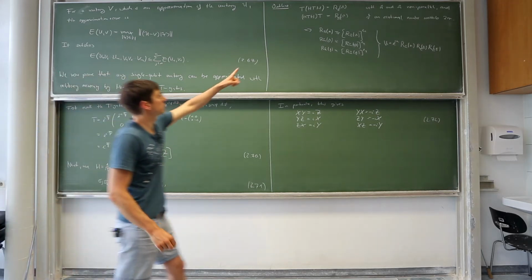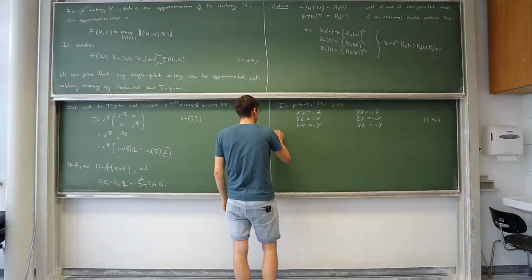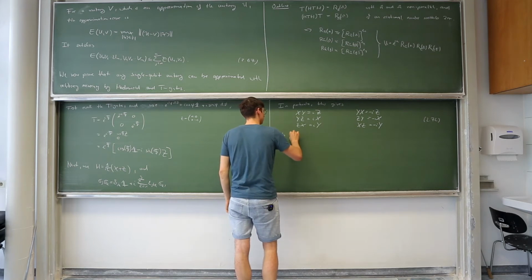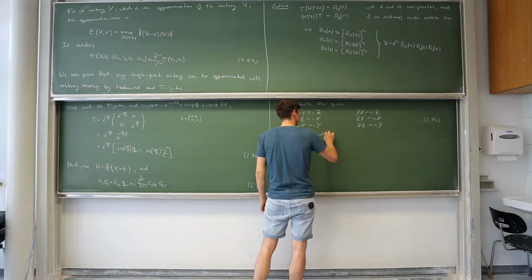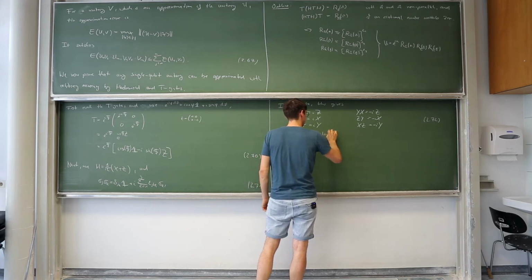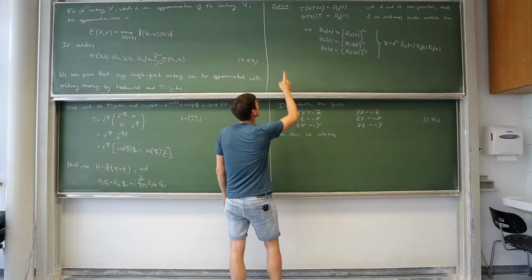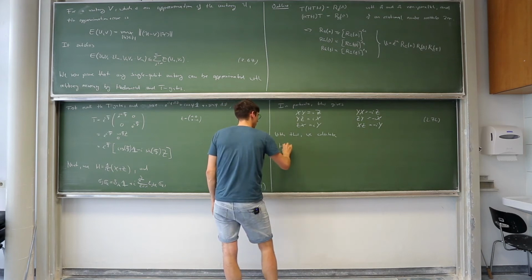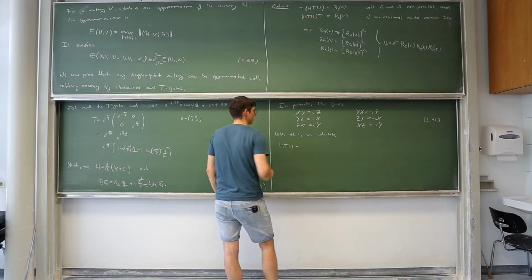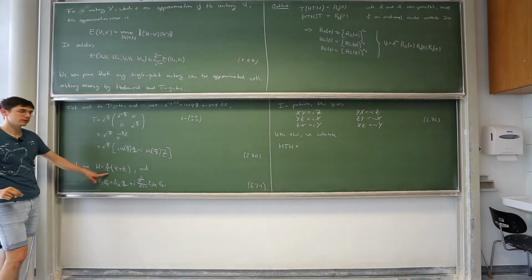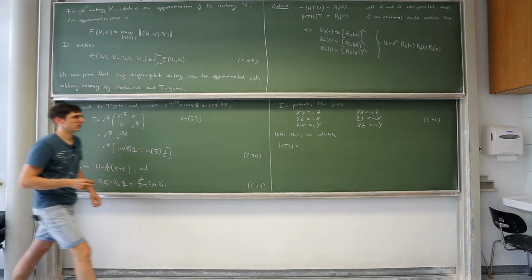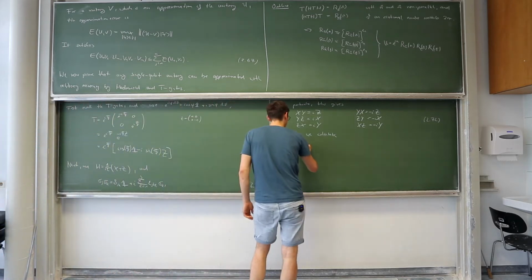So what we want to do now is, with this, we calculate, first we calculate HTH. Now let's insert this. For the Hadamard, we use this. Since we have 2 times the Hadamard, this 1 over square root of 2 gets a 1/2.